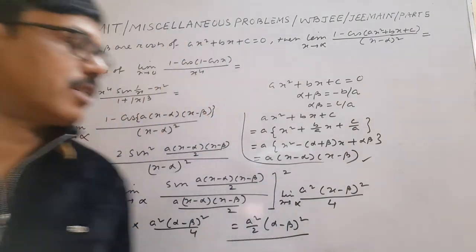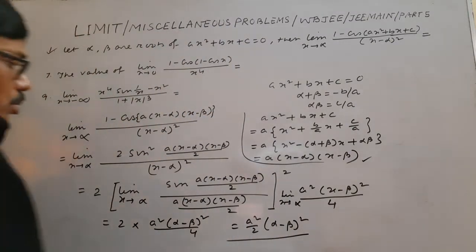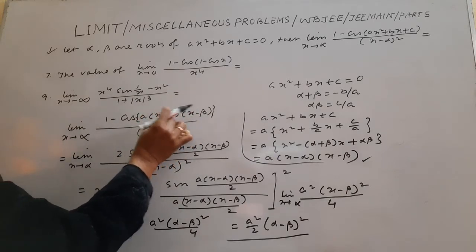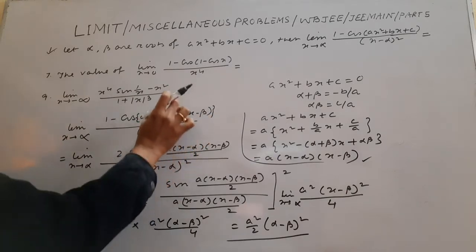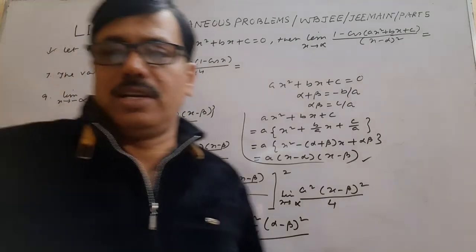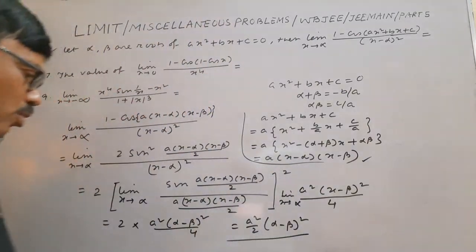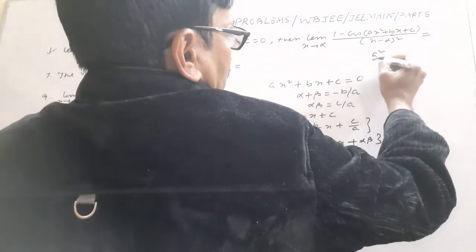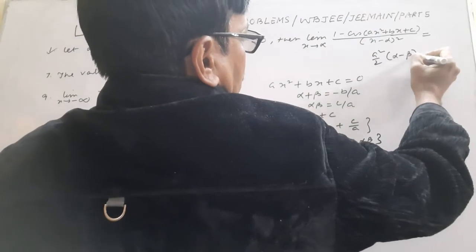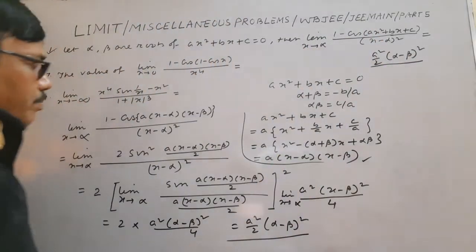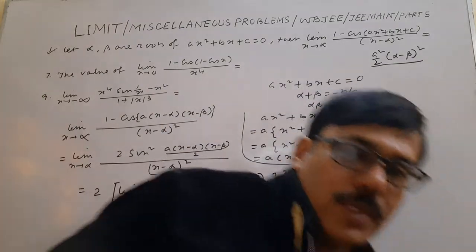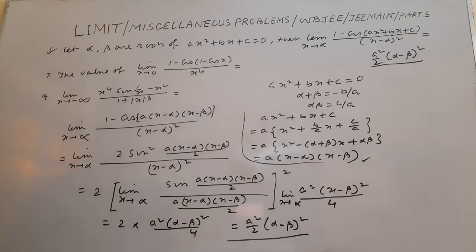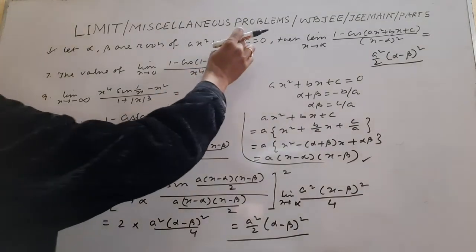We have already discussed: this is a whole square and the argument is not a single one. That is why we are avoiding L'Hospital rule. So the answer is a square into ((alpha minus beta) by 2) whole square. So using properties of roots of a quadratic equation, we can simplify this one.